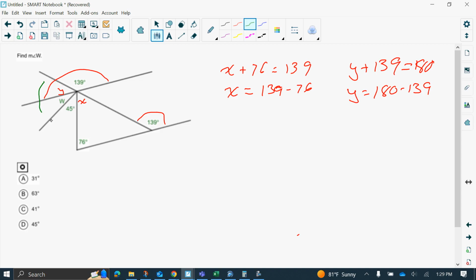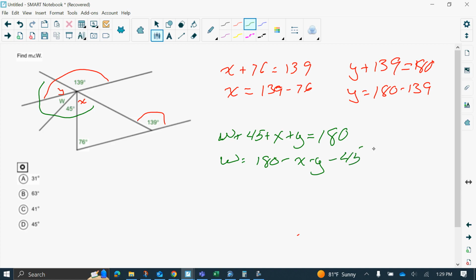And then this all is supplementary, and so that means that w plus 45 plus x plus y equals 180. Or w equals 180 minus x minus y minus 45.